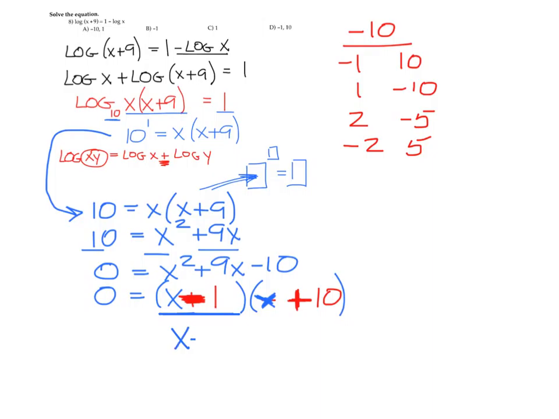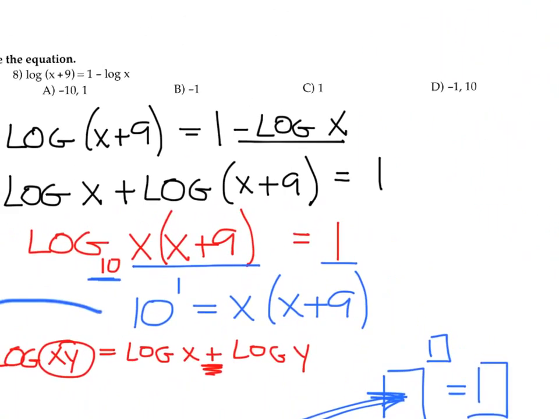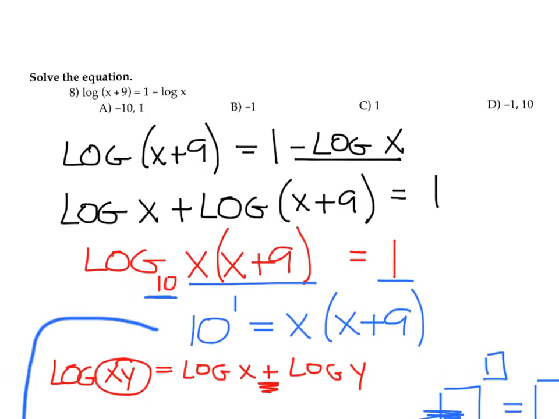If I set x minus 1 equal to 0, what do I get? So x equals 1, or x plus 10, x equals negative 10. Which choice is that? 1 and negative 10 is up here, yes. Choice A.